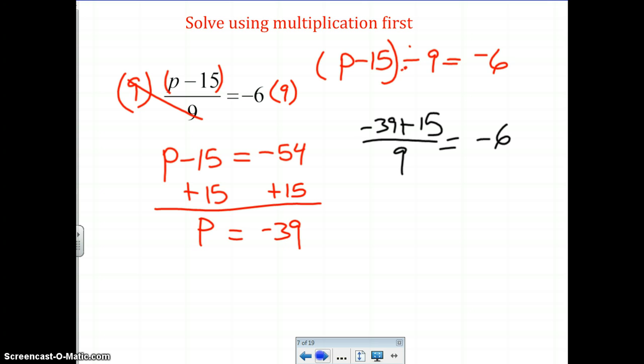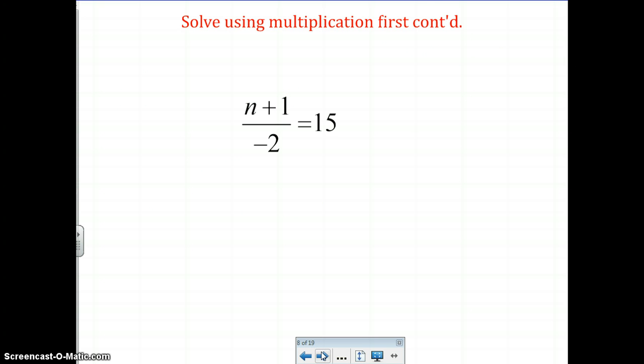So this is adding an opposite. So negative 54 divided by 9 equals negative 6. And yes, negative 6 does equal negative 6, so I know my solution's accurate.